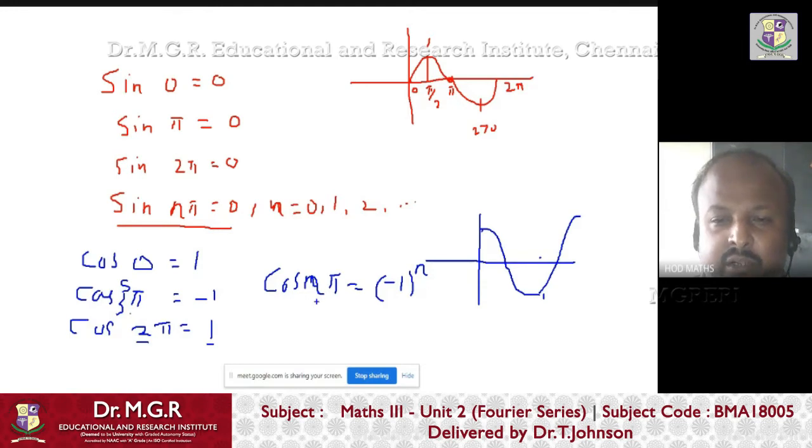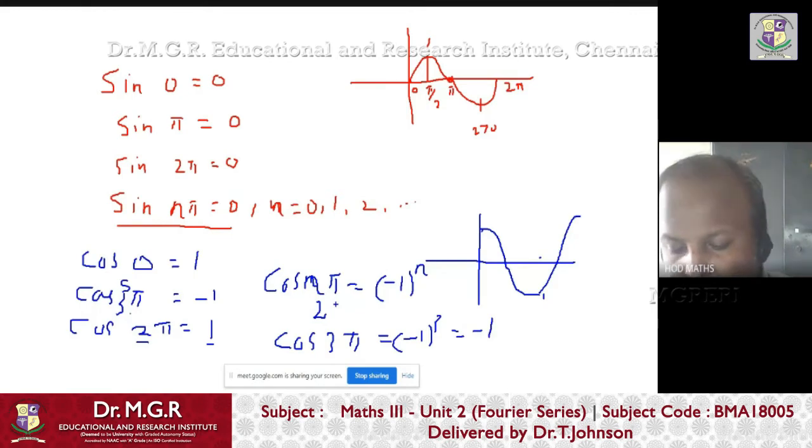But when you put n equals 2, cos 2 pi, then (-1) squared is +1. So cos 2 pi is +1. When you take cos 3 pi, it means (-1) to the power 3, so again it becomes -1.